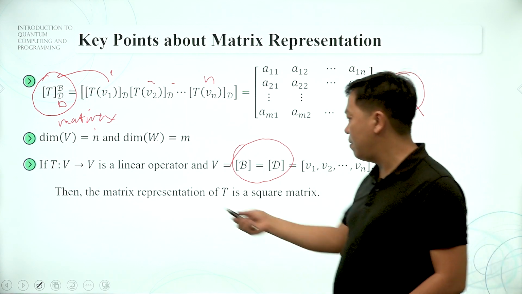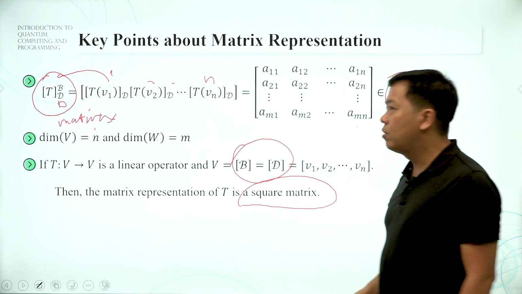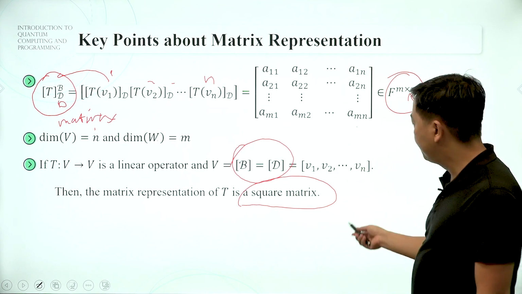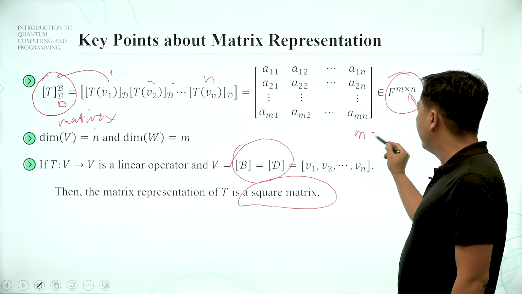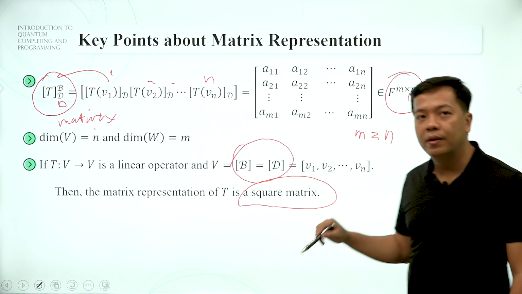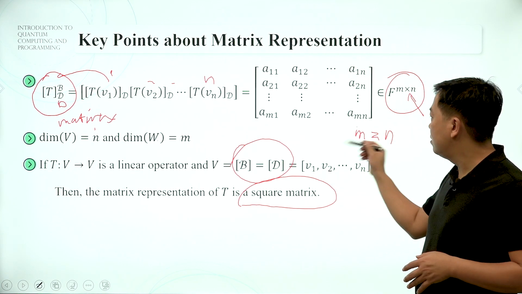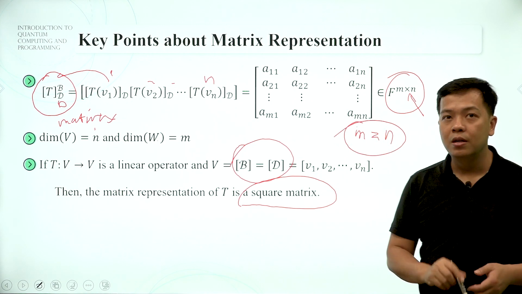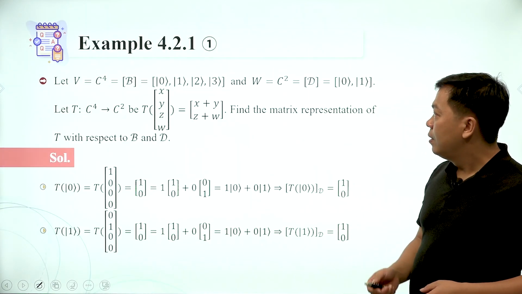So the matrix representation is a square matrix, which means M is equal to N. Remember, the matrix representation of T is a square matrix.